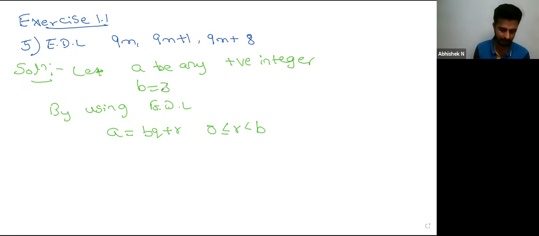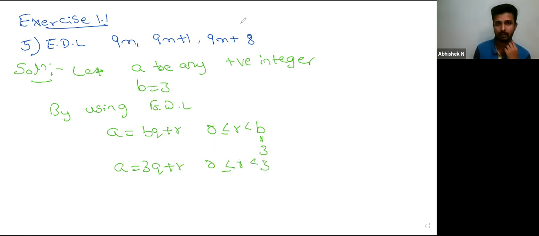As we can see here, this b is 3, right? So here we can put b equal to 3. So a is equal to 3q plus r, and r is greater than or equal to 0 and strictly less than 3.